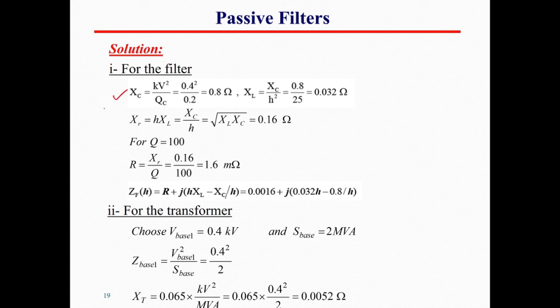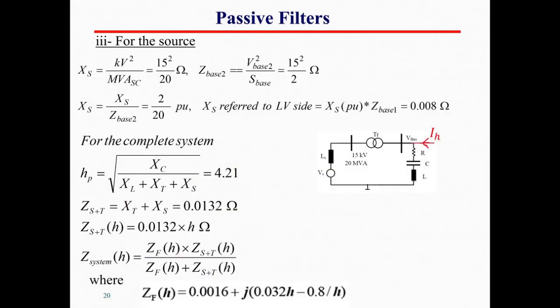We calculated XC, then we calculated XL, we calculated XR, or we call it XN sometimes, and then we can find R. So this is with regard to the filter. This is with regard to the transformer. We calculate Z base or X base, then we calculate the impedance of the transformer in ohm. And we do the same thing with the source.